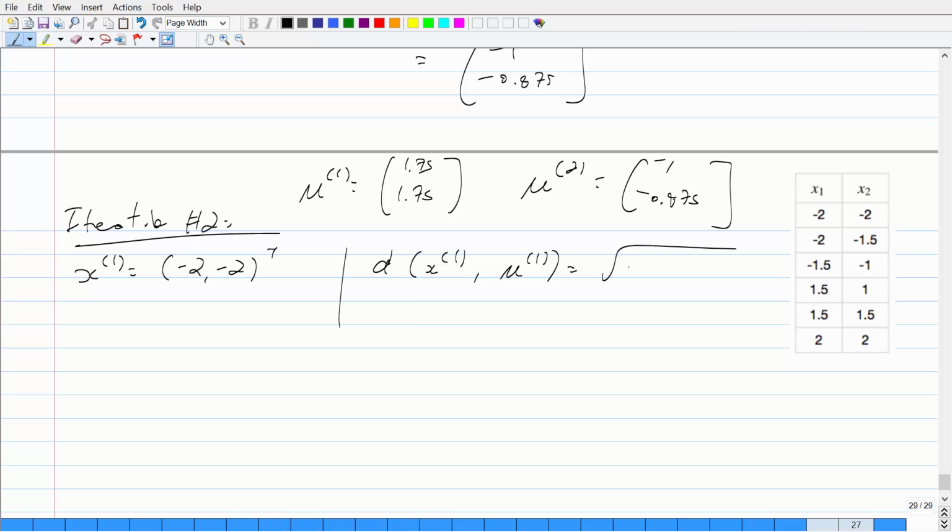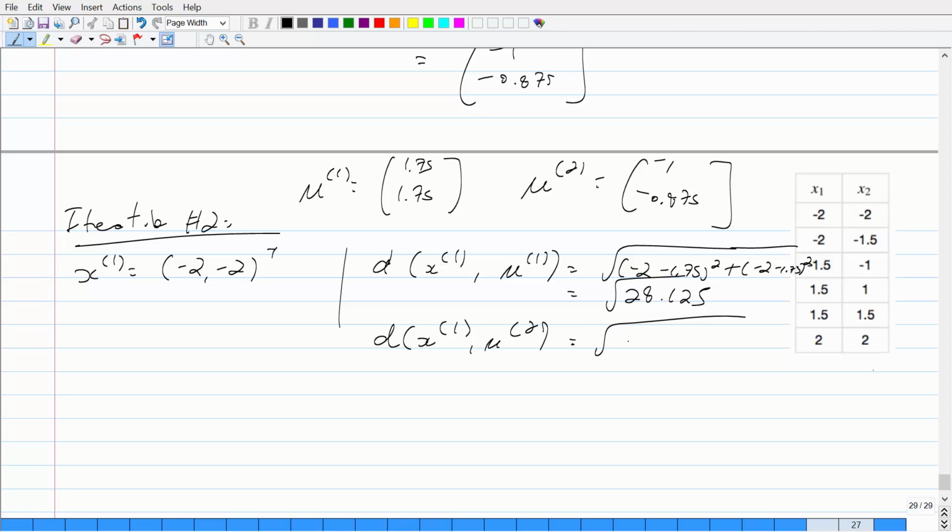In this case this is -2 minus 1.75 squared, plus -2 minus 1.75 squared again. When you calculate this, it's actually quite a large number. This is 28.125.